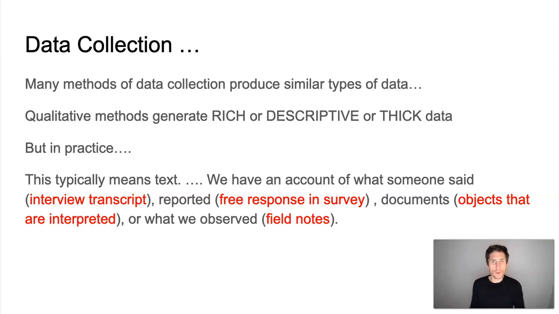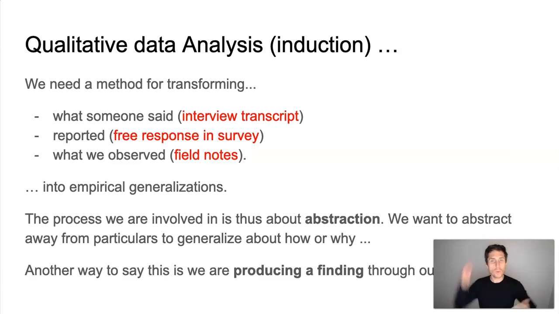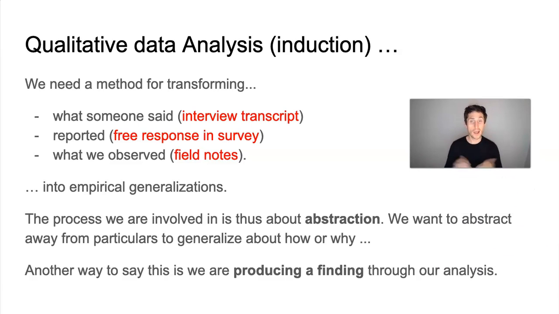But the broad point that I'm making here is that ultimately what we're going to come down to having is a set of language-based descriptions that take a form of text that we need to find a way to make some sense out of. And so let's think about how we might do that through an inductive lens. Well, the first thing that we might do is to start to, as induction tells us, move from the particular to the general.